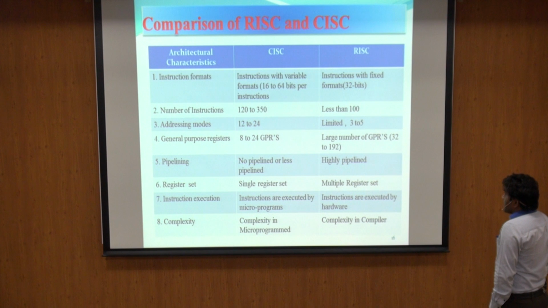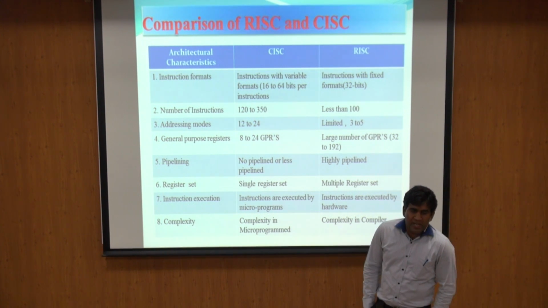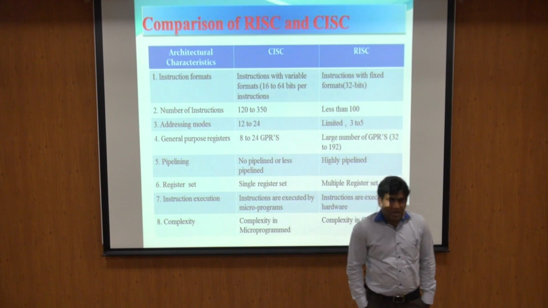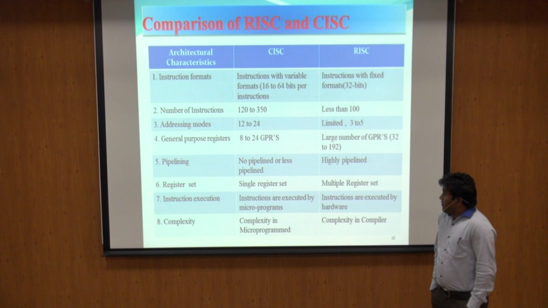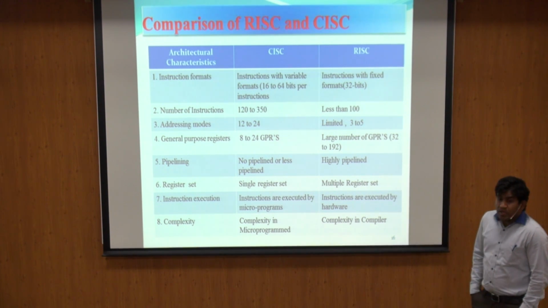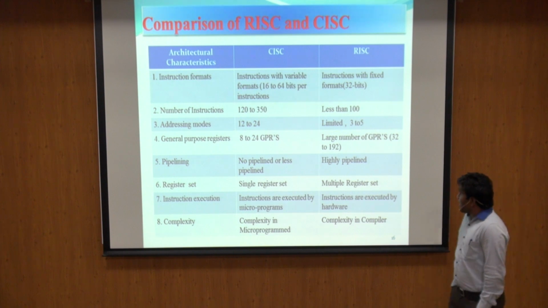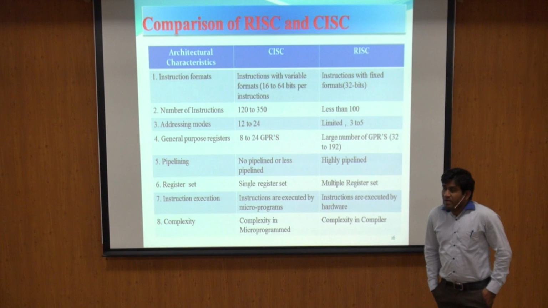For the number of instructions, CISC supports approximately 120 to 350, whereas RISC supports fewer than 100. For addressing modes, CISC supports 12 to 24, whereas RISC has a limited 3 to 5.